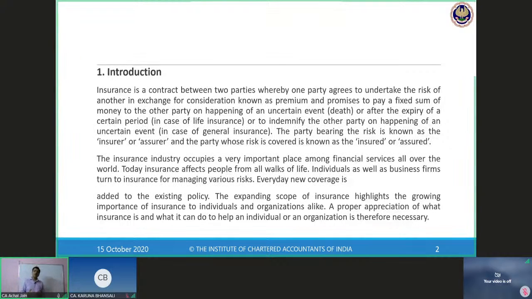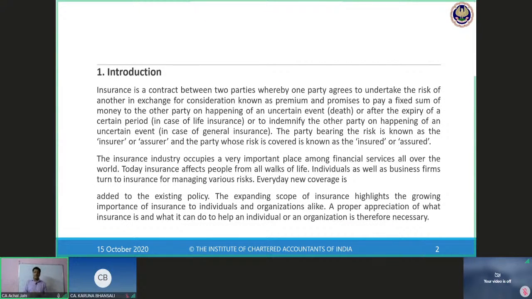So what can I do? I can reach out to an insurance company. Let's suppose I go to an insurance company and I tell them that I have this risk. So what can they do? They can say no problem. So now from now onwards, you should stop worrying about this. You need not worry about this at all, because we will take up this risk of yours completely. So that doesn't mean that they will be able to save my life.